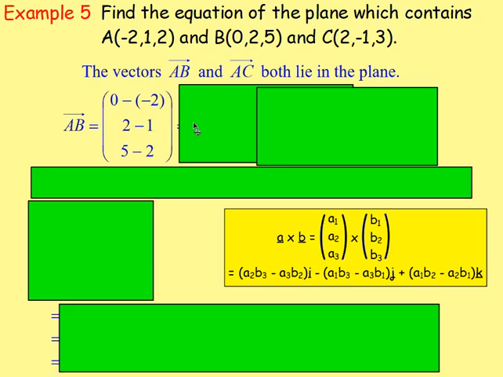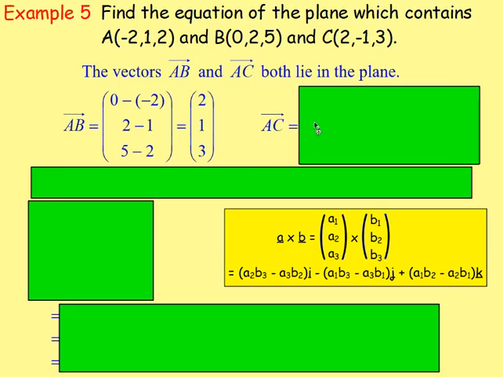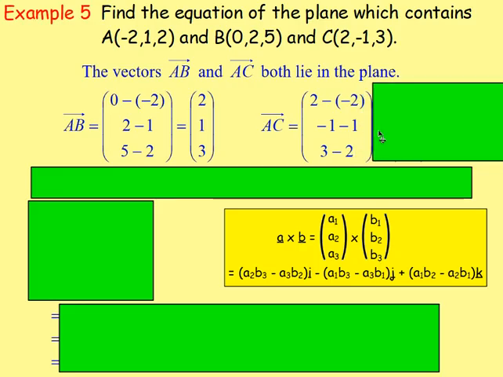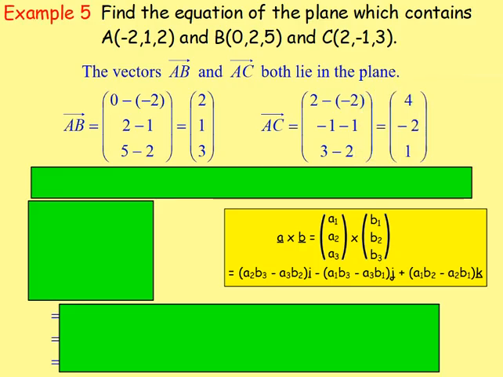So take them away, and it means AB will have the components 2, 1, and 3. So that is the vector AB. Vector AC, so vector AC is going to be C take away A. So if you write that in component form, you'd have the 2, the negative 1, and the 3, and we're taking away again the negative 2, 1, 2. Subtract them, and you end up getting 4, negative 2, and 1.